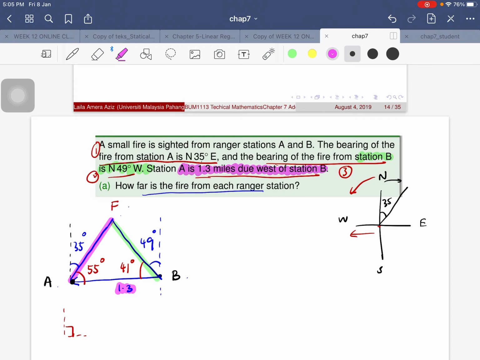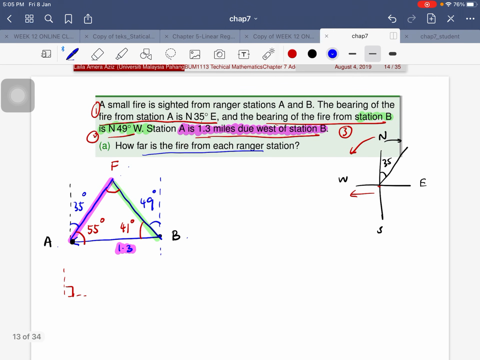But if I want to use the sine law, I need to figure out the angle opposite to the 1.3, and we can simply do that by using the fact that the sum is going to be 180. So the angle at F is going to be 180 minus 55 degrees minus 41 degrees. So I will get an angle of 84 degrees. That is going to be the angle at F.